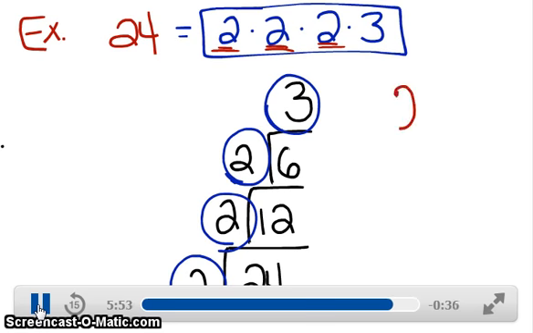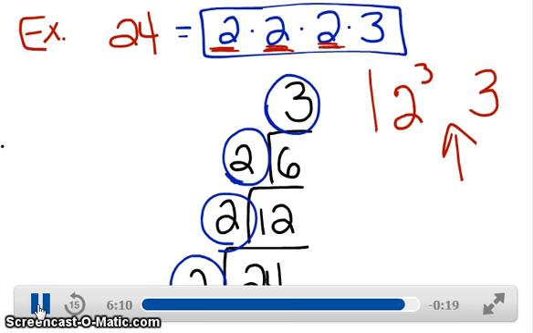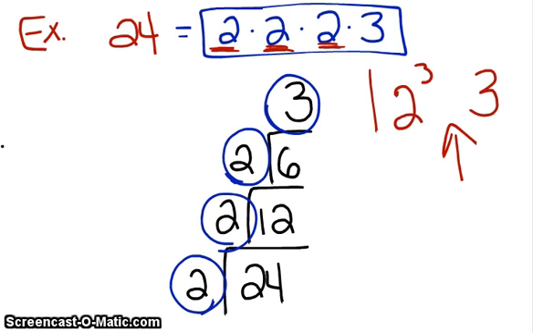So I could rewrite that as 2 to the third power times 3. Don't get too confused by the shortened version. Just know that you can shorten it, and we will talk about exponents in much more detail later. So 24 is 2 times 2 times 2 times 3, or 2 to the third power times 3.